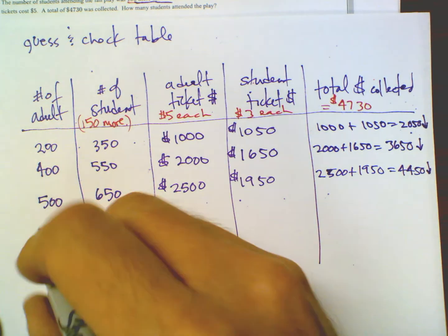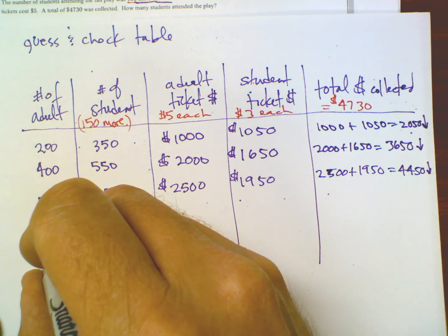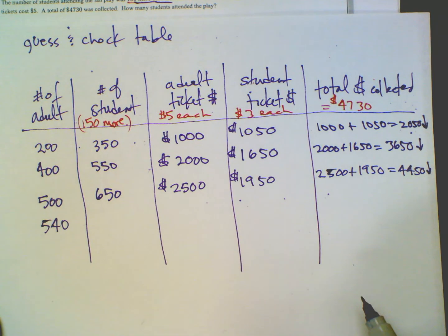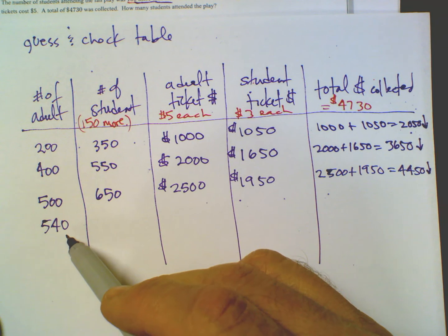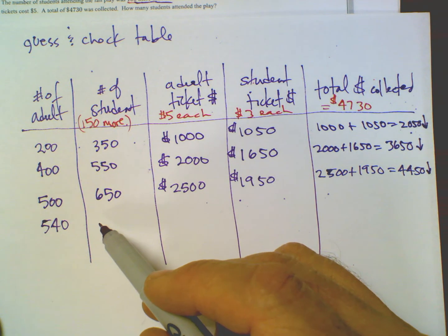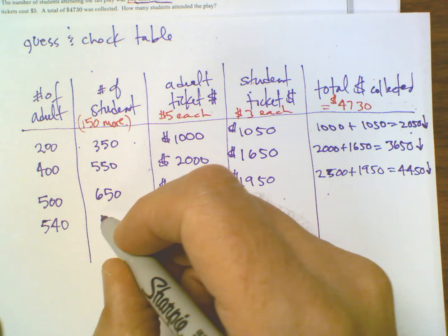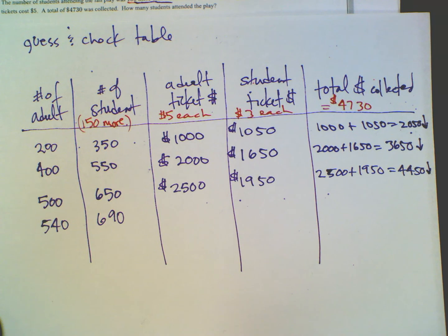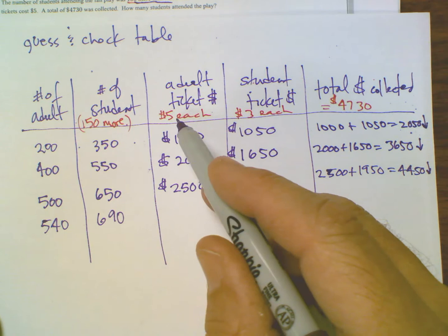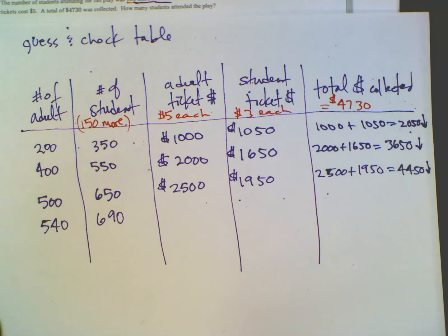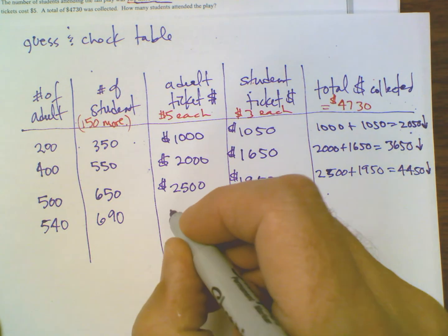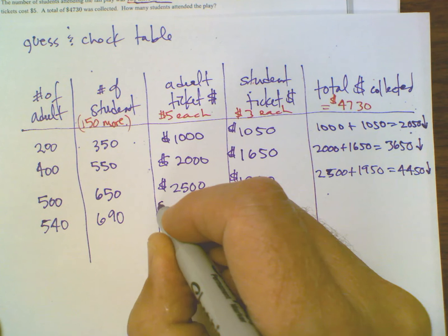So let's try going 40 higher, so 540. And 150 more than that would make 690. Oh, I picked numbers where I've got to think through my math here. $5 times 540 is 2,700.